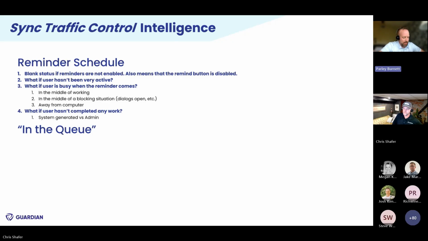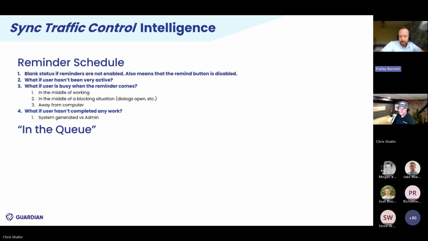Now, the question also comes up if a user is busy when that reminder comes, and busy could mean a few different things. They could be just simply in the middle of working, right? Like you saw in our demo, there is the option to snooze. And so if they want to click that, they do move into that next interval of their reminder sequence.